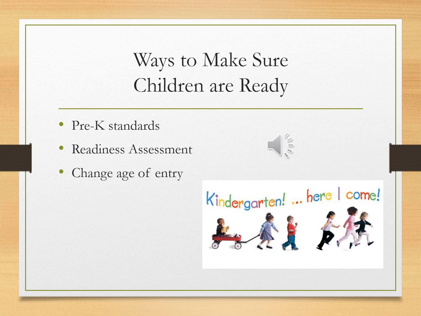And then sometimes we change the age of entry. So we just say, hey, maybe what we're asking is too hard for kids who are too little, so we're just not going to have kids come until they're older. So we're going to be talking about what each of these strategies looks like in more detail, and then we're also going to look at the potential pluses and minuses of employing these various strategies.